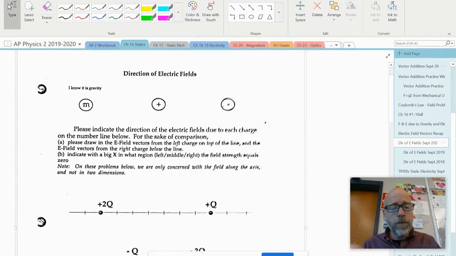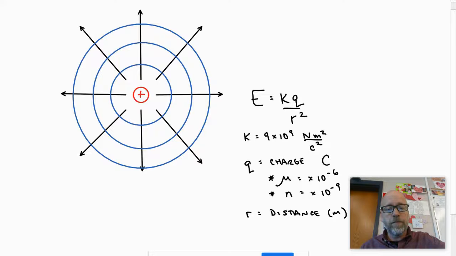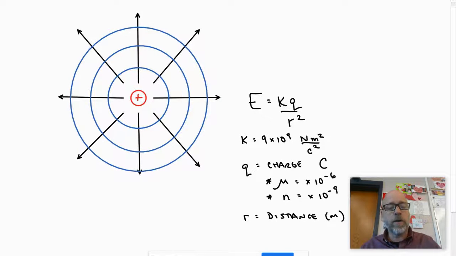However, before we do that, I thought we would take a moment. If this was in regular class, I would be leaning up against the left side of the board, and I would say, okay, let's talk about what we've done so far. I just want to remind you, when we're looking at the electric field around a point charge, what we're really looking at is what type of force it can apply to a charge if placed in that field.